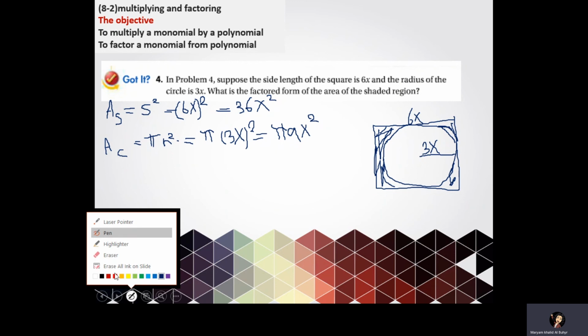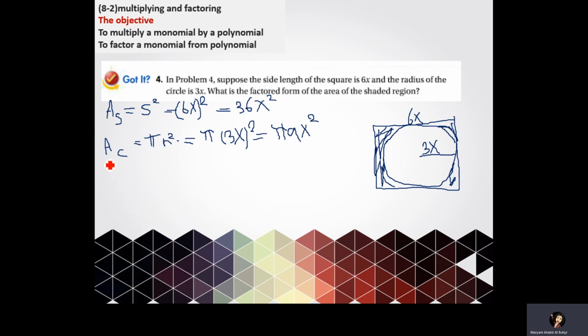Then finally, the area for the shaded region is the area of the square, sorry, minus the area of the circle.